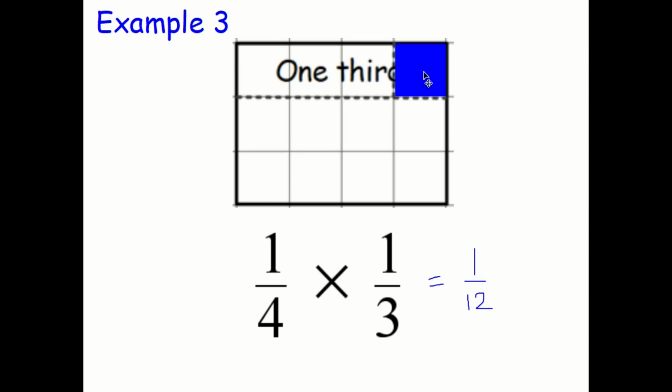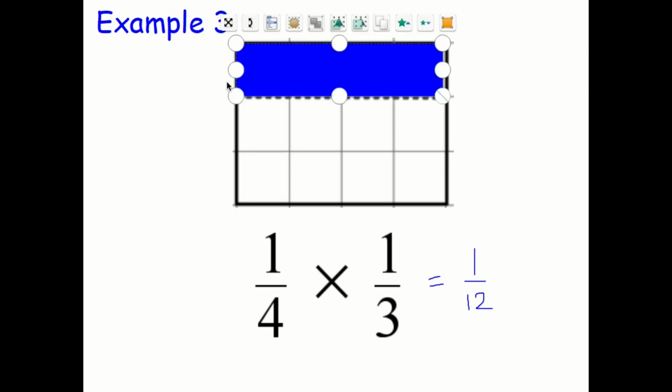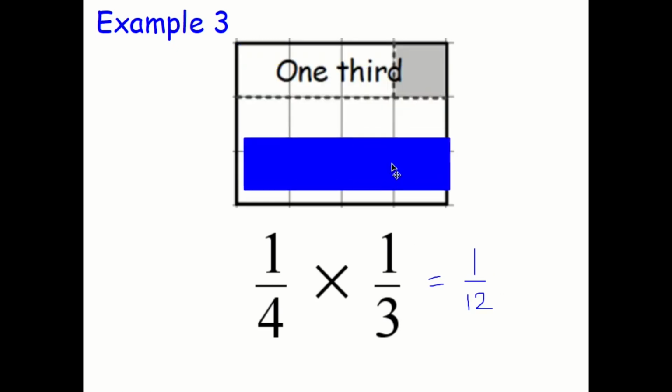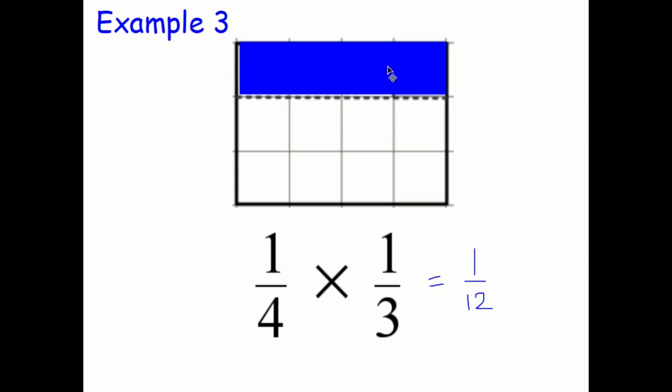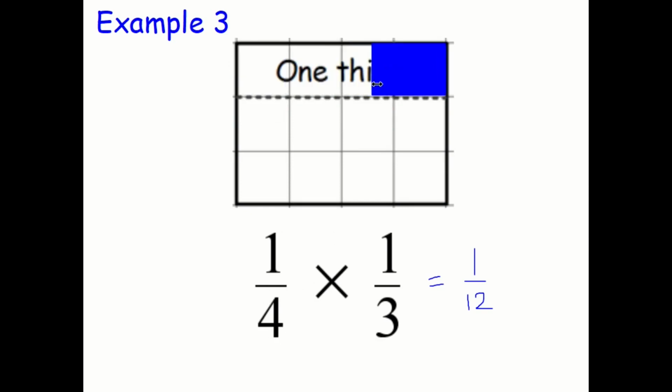So I started out with 1/3 of my diagram there, because if I think about it, that's 1/3, that's the second third, that's the third third. So 1/3, I wanted 1/4 of it. So you divide by 4, and you find that it is 1/12 of that diagram.